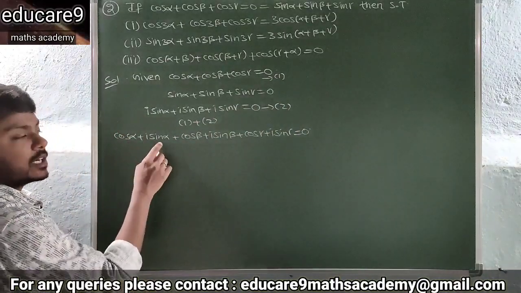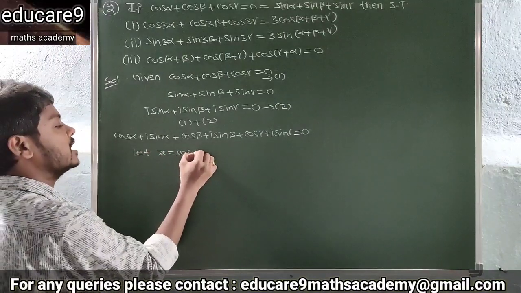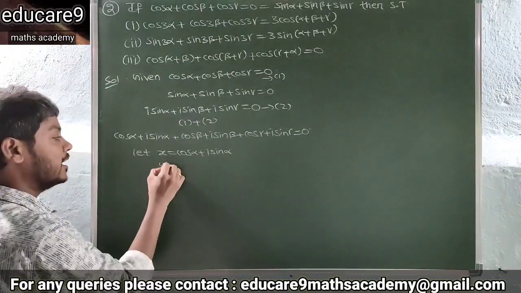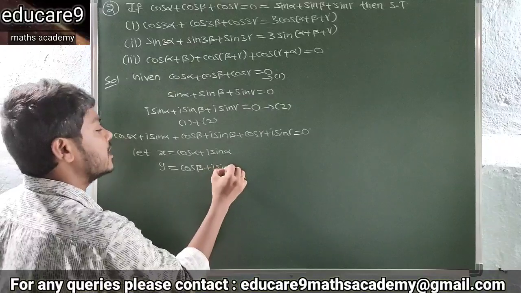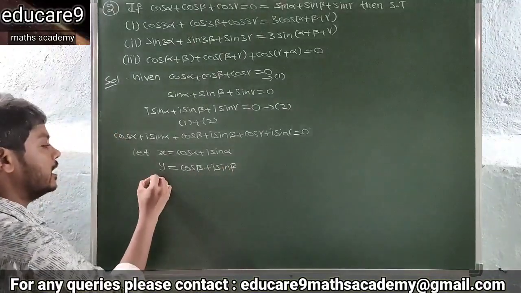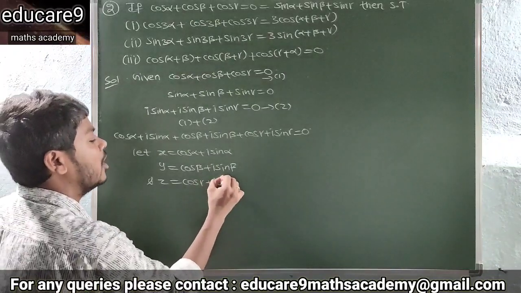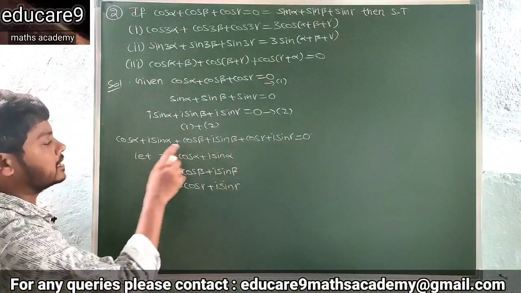So clearly assume that, see here, let x is equal to cos alpha plus i sin alpha and y is equal to cos beta plus i sin beta and z is equal to cos gamma plus i sin gamma. So here x is equal to what? cos alpha plus i sin alpha.